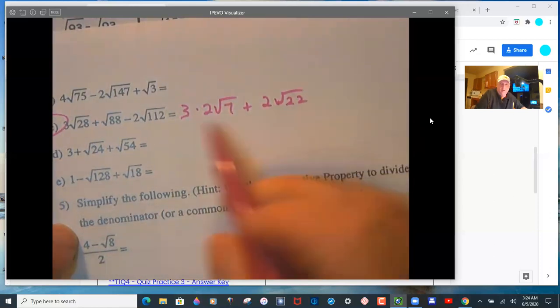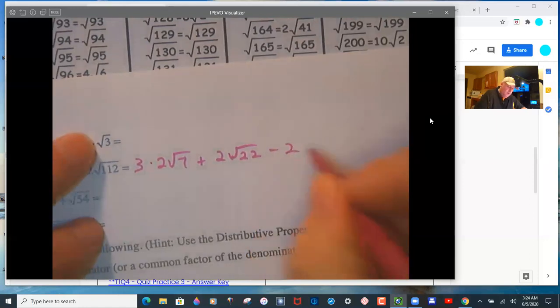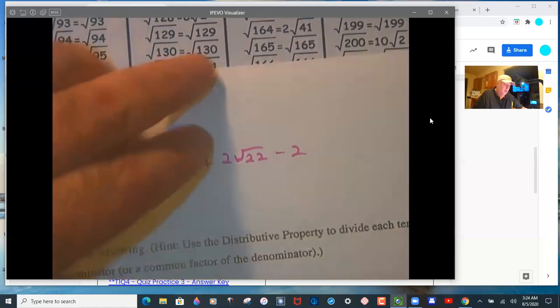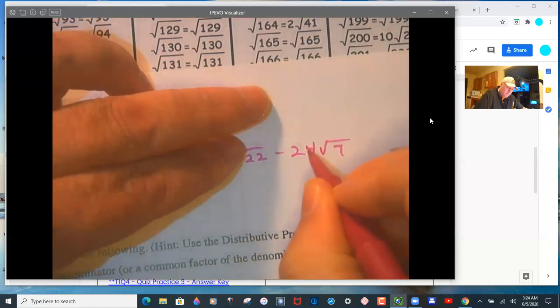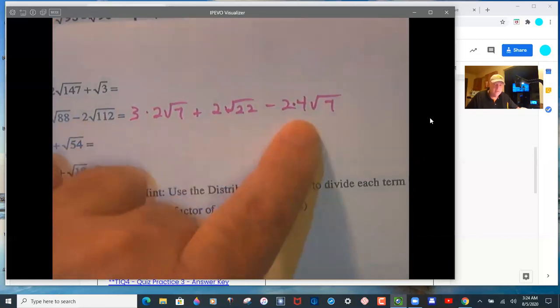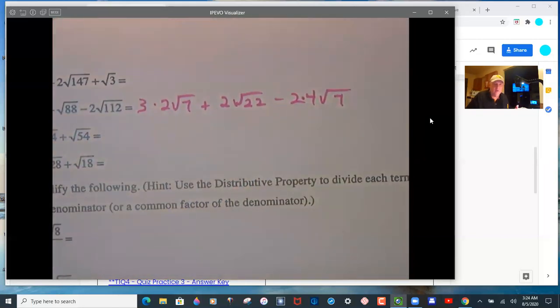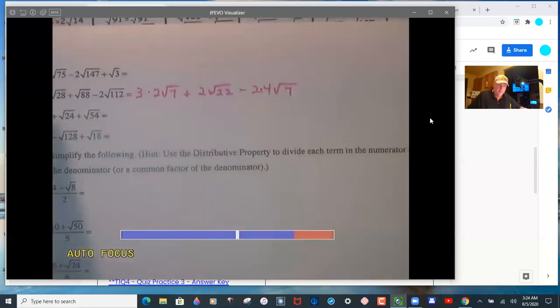So it was 4, and then this was also 4. 4 is a pretty popular one. And then square root of 112 is 4 times the square root of 7. So 16 was the largest perfect square that would go into that.